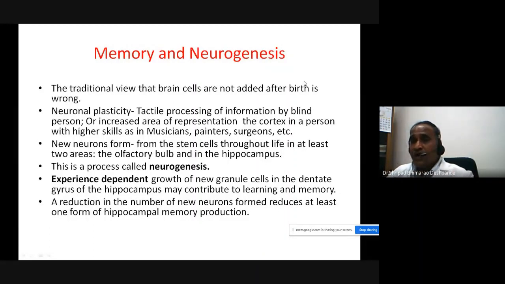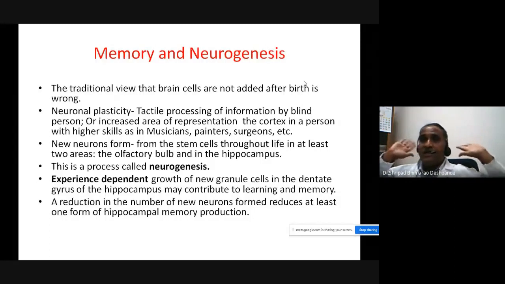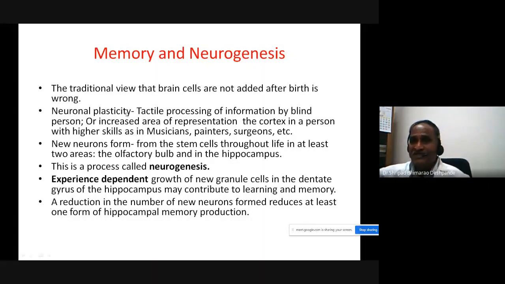He tries to understand the entire world either by touch or from sound. So the tactile or auditory signals occupy that space, because the visual area, the occipital area, is not used, as there are no signals coming. So that is neuronal plasticity.